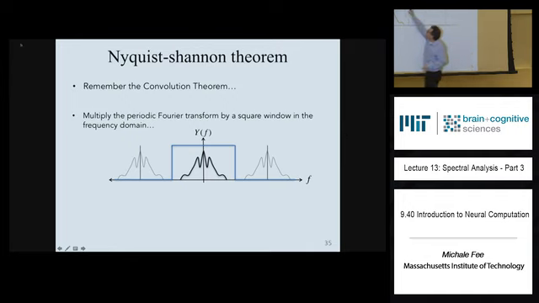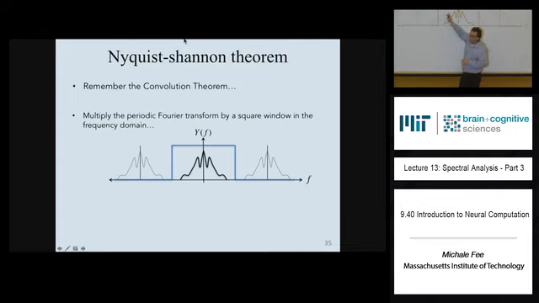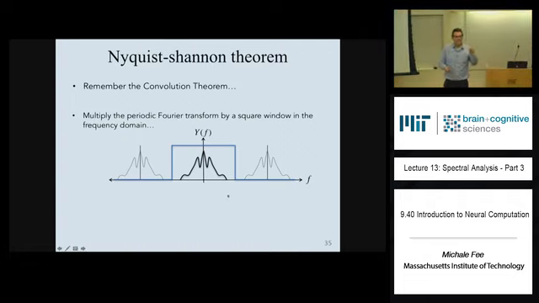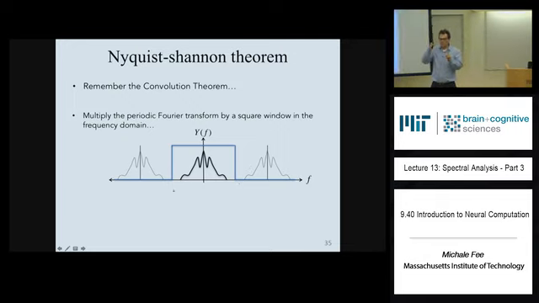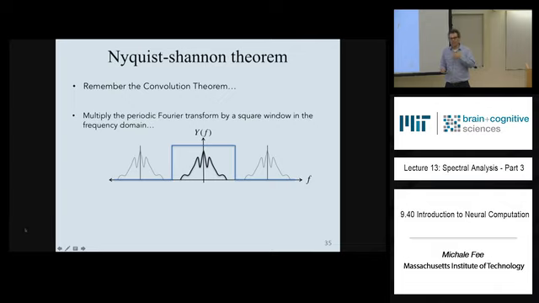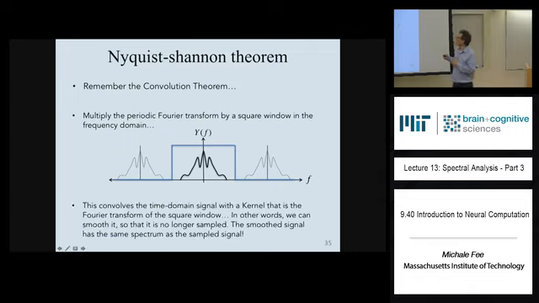Now, when I put a square window in the frequency domain, what am I doing in the time domain? Multiplied by a square window in frequency, what am I doing in time? Convolving. So basically what I do is I take the original signal sampled regularly in time, and I just convolve it with what? What's the Fourier transform of a square pulse? That wiggly thing.